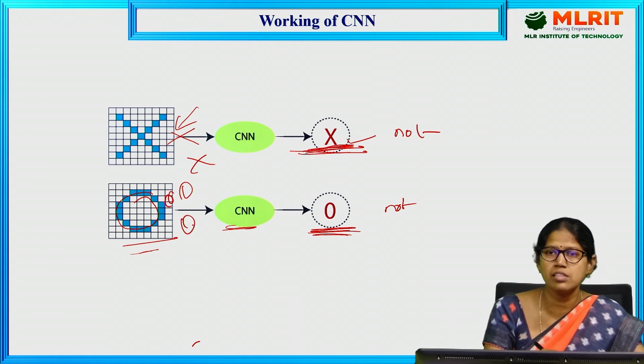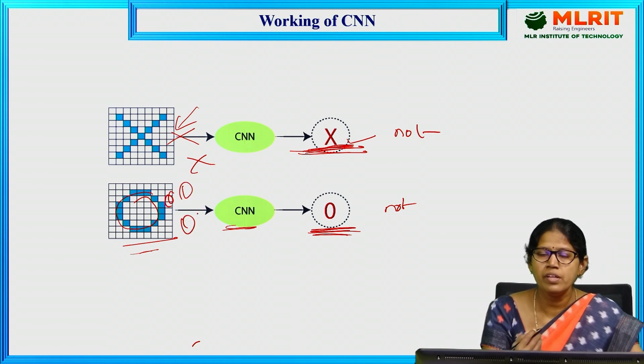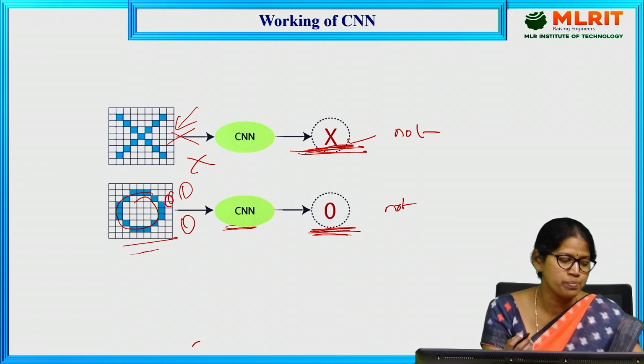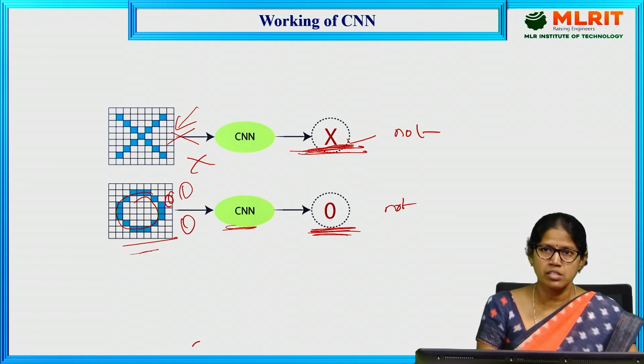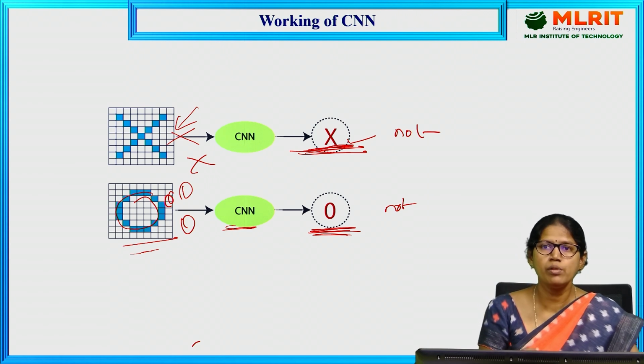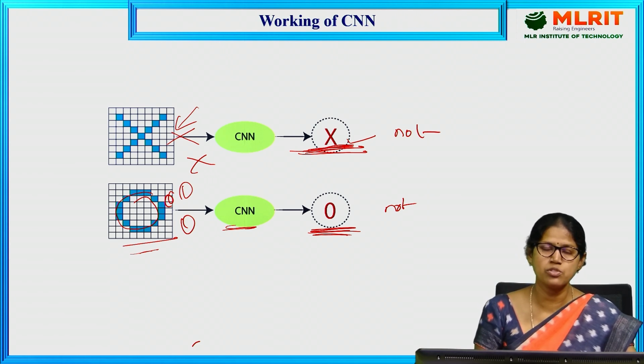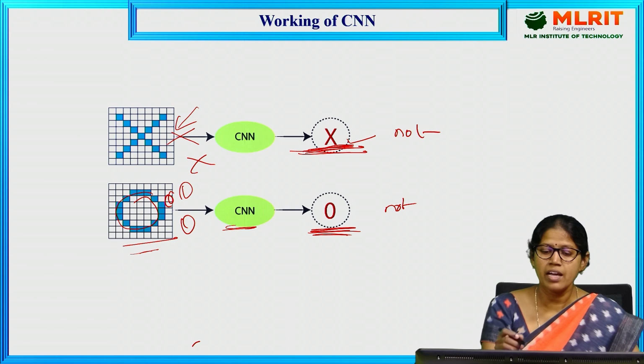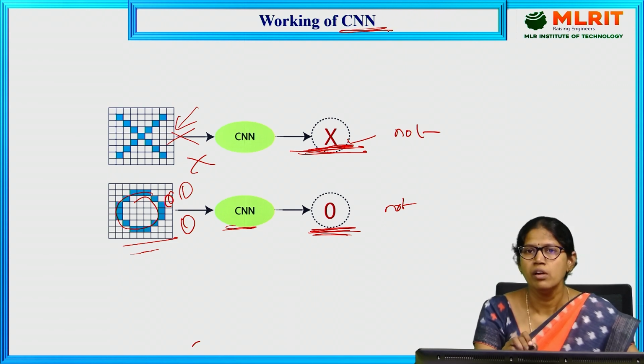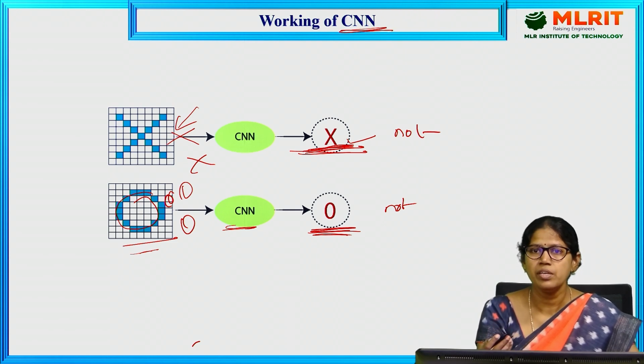Different people will represent O in different forms, deformed or distorted. In such scenarios, the computer is unable to identify that image, whereas a CNN will classify that image.